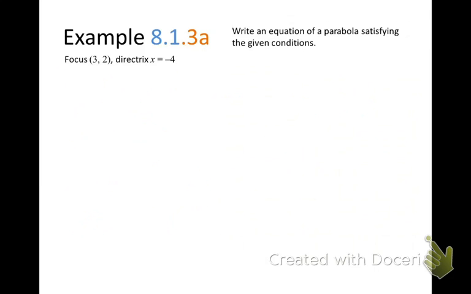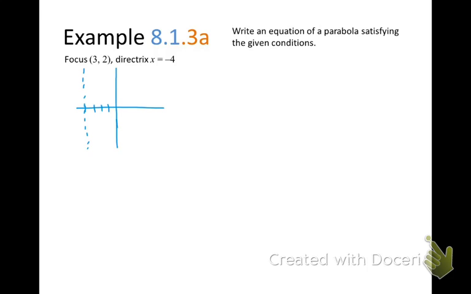So let's go ahead and kind of see where this stuff is. If I give you this little grid, I'm just going to draw a little mini picture of this. I've got a directrix at x equals −4. What kind of a line is that? It's a vertical line, right? So that's going to look like this.